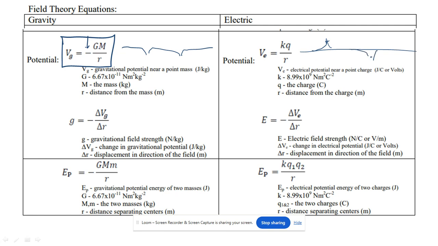But these guys are always negative. Now, this minus is just because that's the way gradients work. If I have a slope, the force is going to be down that slope, and that's why there's a minus sign there. This is a gradient. This is the gravitational potential gradient. This is the electric potential gradient, and the gradient is always down that slope.